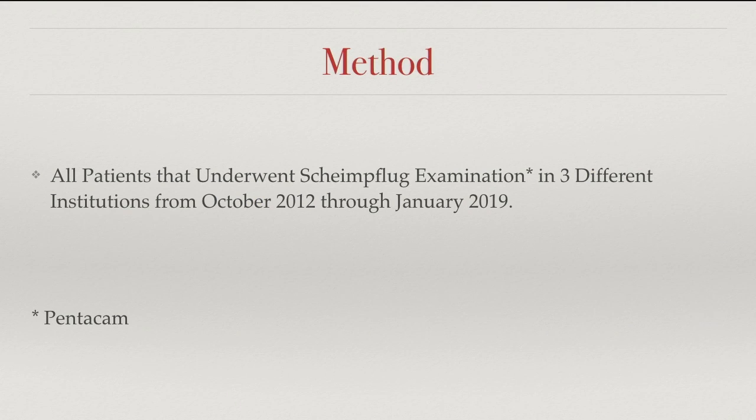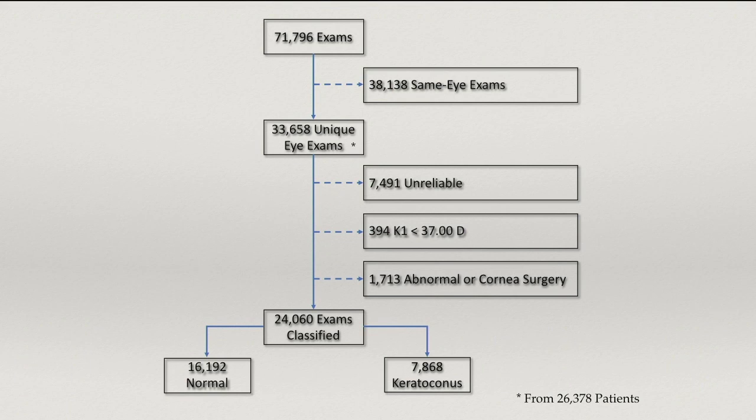For the method of this work, we analyzed every single exam performed in 7 years in 3 different institutions in Brazil. We began with almost 72,000 exams, but there was more than one exam for the same eye. After exclusions, we had 33,000 single-eye exams.